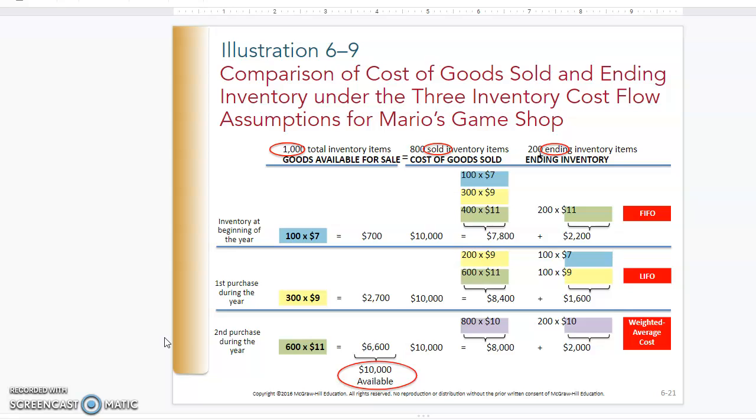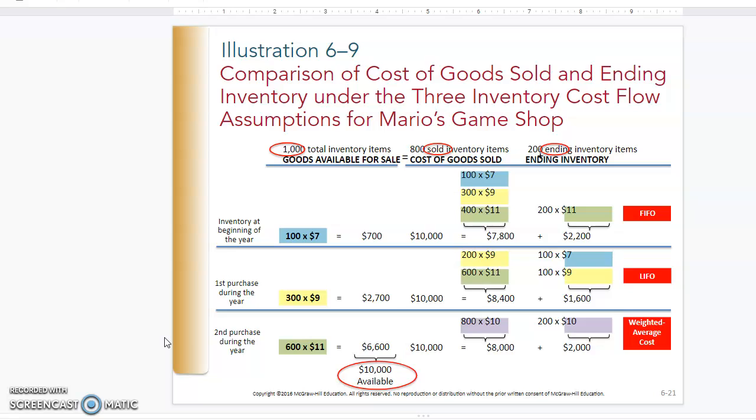In times of rising costs, which most industries have, FIFO will give you the lowest cost of goods sold, which gives you the highest net income, and will also give you the highest ending inventory. So in times of rising costs, FIFO presents a better picture. LIFO is the opposite.